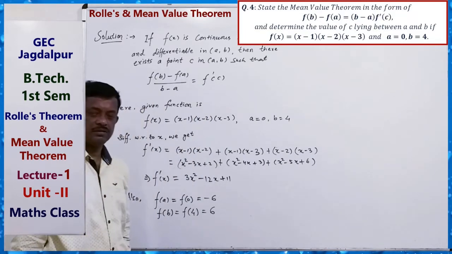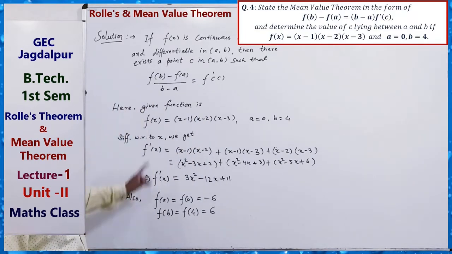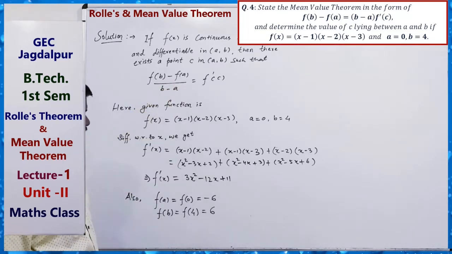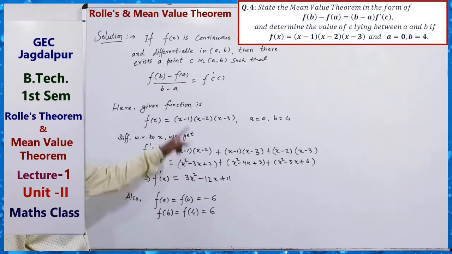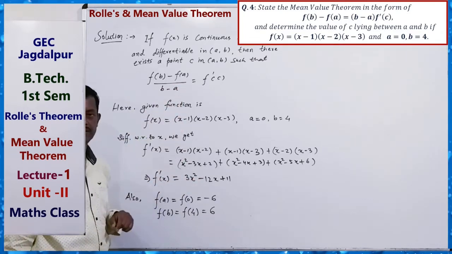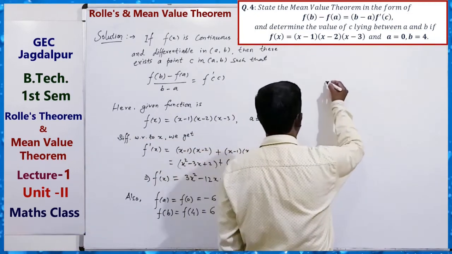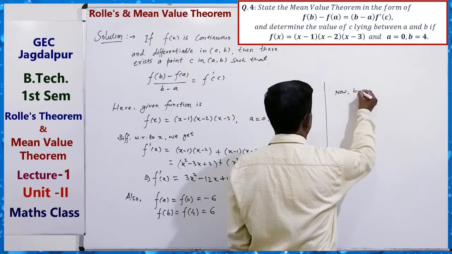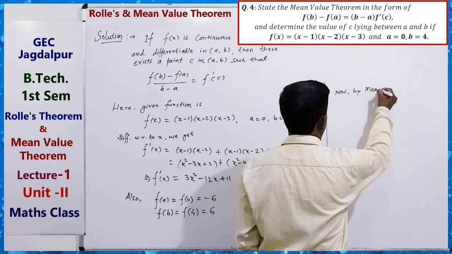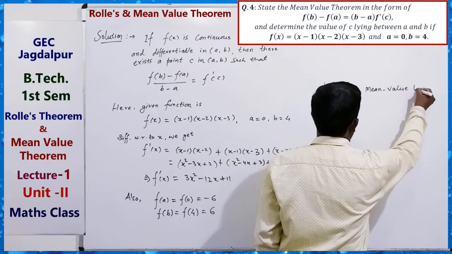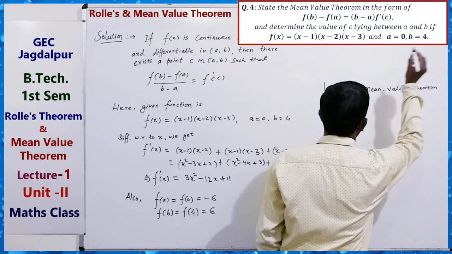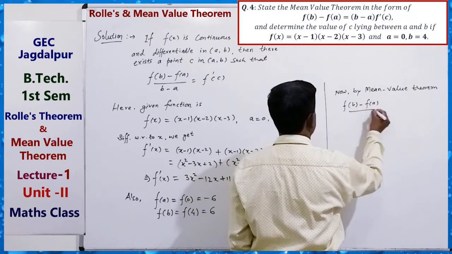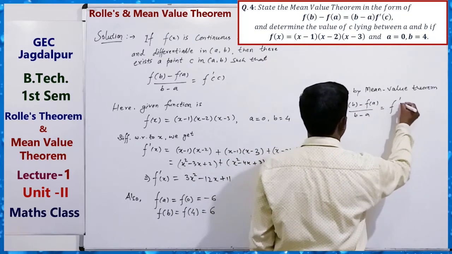Now we have to find the value of c. Put the values of f(a), f(b), a and b on the left-hand side. By the mean value theorem, (f(b) minus f(a)) upon (b minus a) equals f dash c.